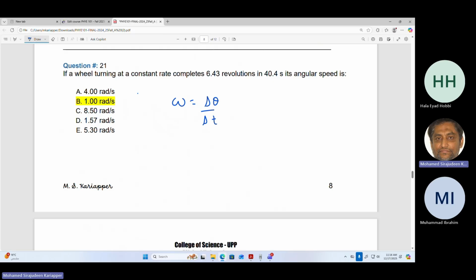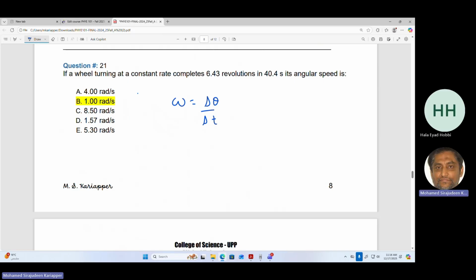So it's the average angular speed, but since it's a constant rate, it is also the angular speed at any point in time. The average angular speed will become the instantaneous angular speed as well. So you just have to do this, but the answers are in radian per second.